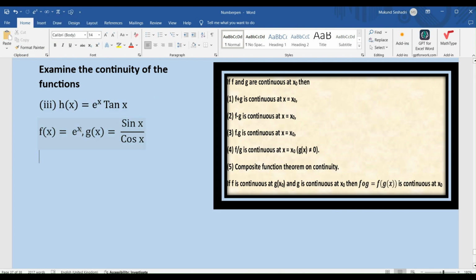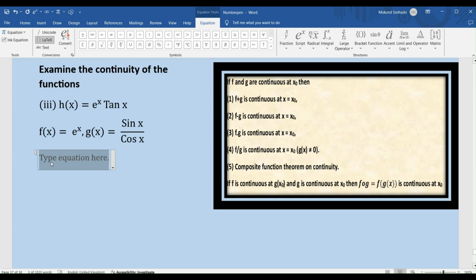I know that e to the power x is continuous for all x belonging to R. I don't see a challenge because e is a constant, and for any x belonging to R, f of x has a finite number. Therefore we know that e to the power x is a continuous function.